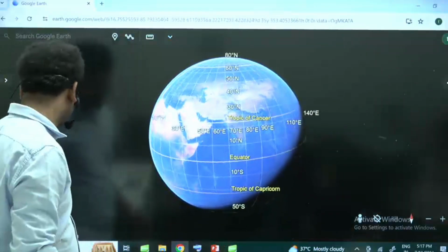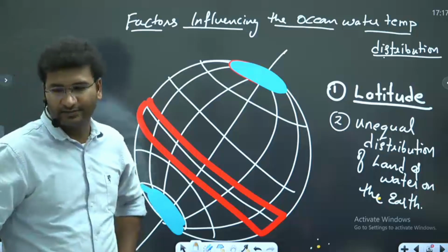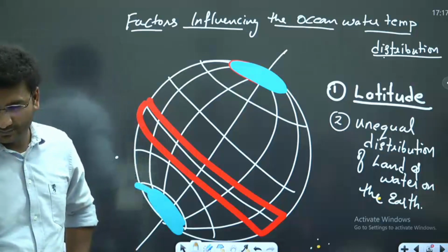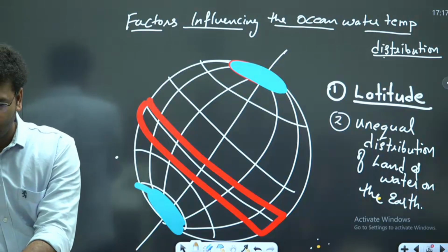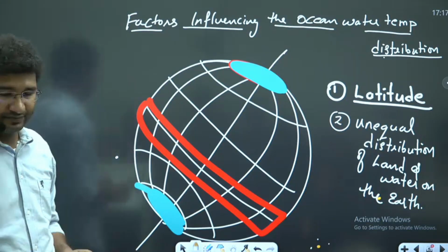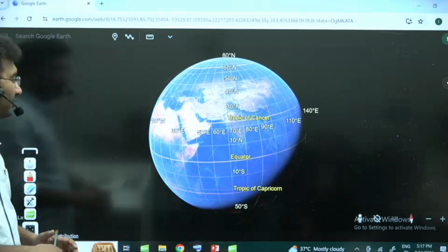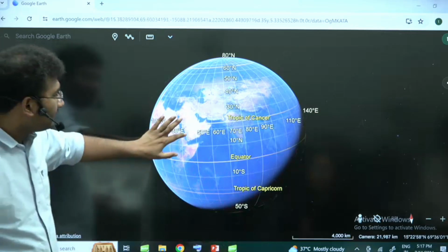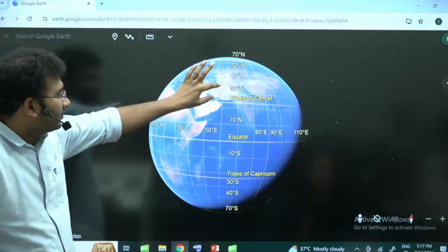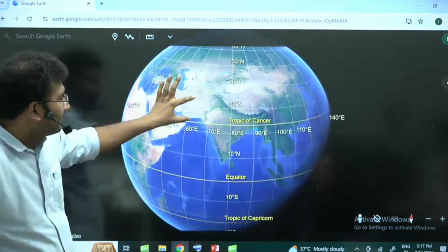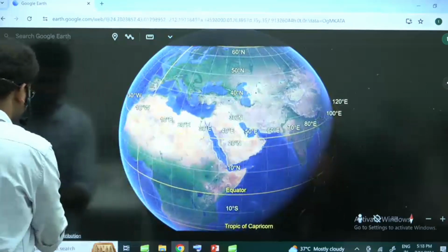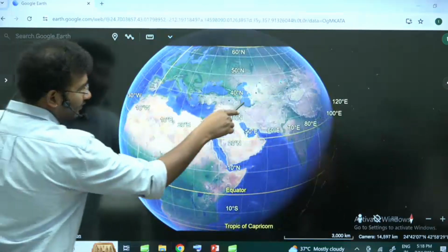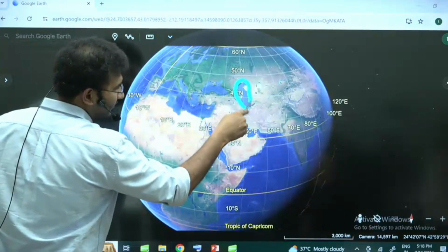Unequal distribution of land and water on the earth. Yes? Look here. Look at these seas. What is this sea? This is the Caspian Sea.